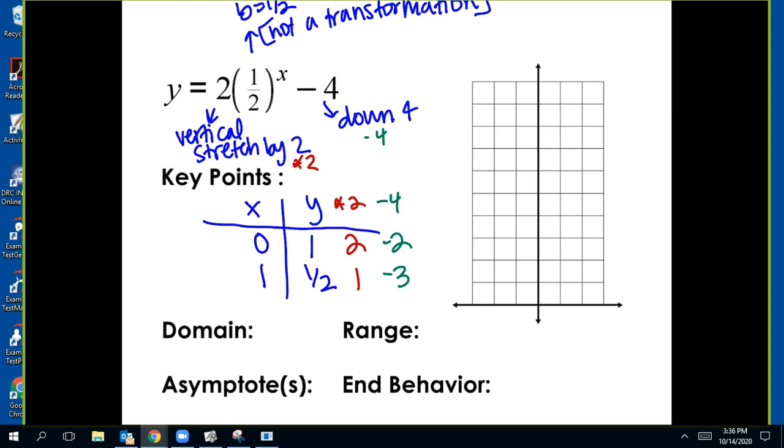And then what I'll do for my final answer, well, for my graph, is I will plot these x values with these y values. So nothing happened to the x's. So I have 0, -2. I'm going to move this up a couple. Nope, move it up one more.